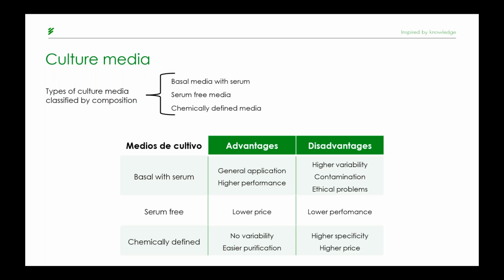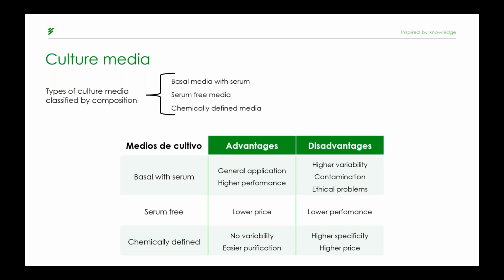There is a great difference according to their composition, but the most determining and defining values tend to be the variability and the presence of animal origin compounds. Depending on the composition, it can be classified in basal media with serum, serum-free media, and chemically defined media.